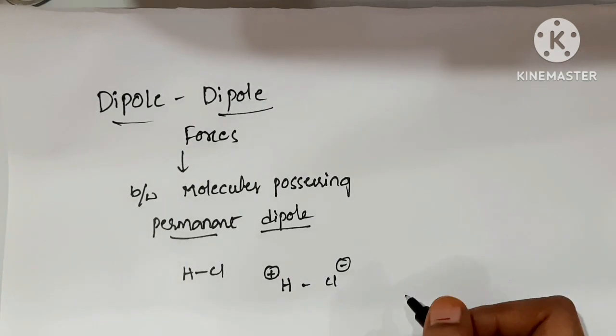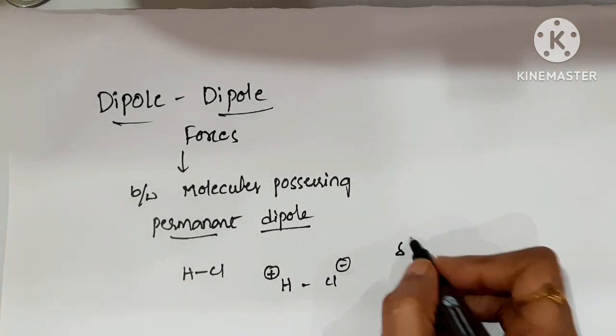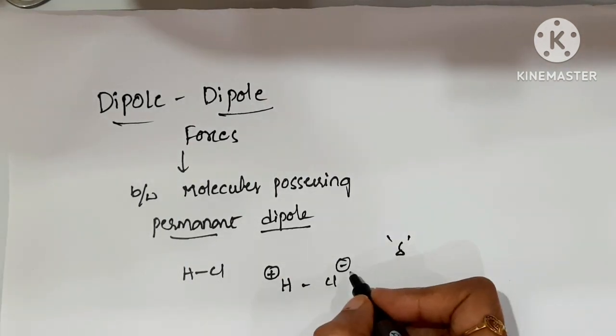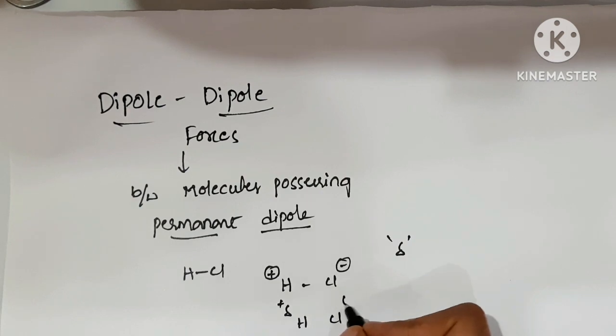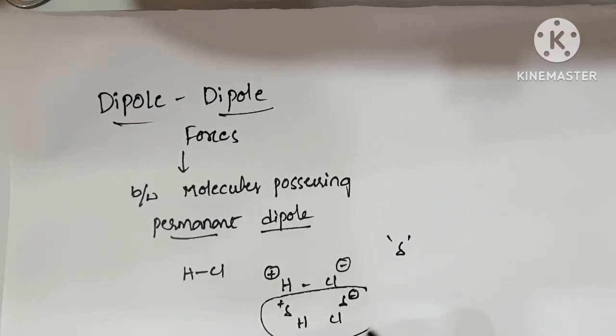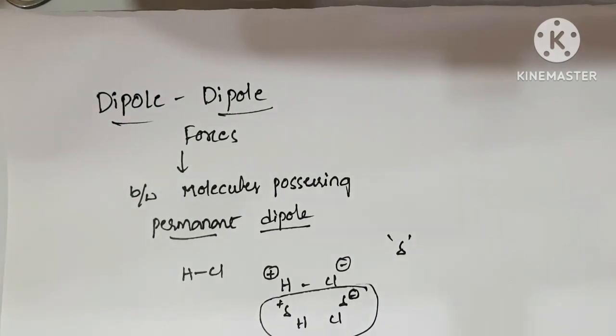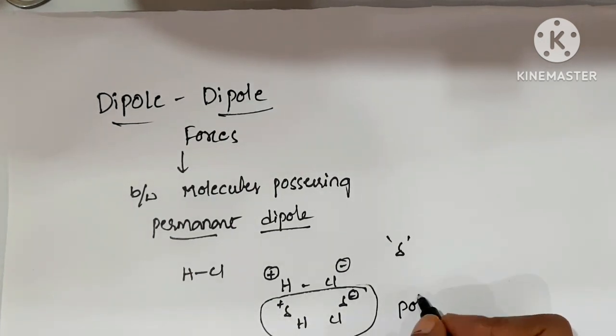This Greek letter delta is used for dipoles, positive and negative. Any molecule possessing partial charges, that means a positive charge and a negative charge, is a polar molecule.